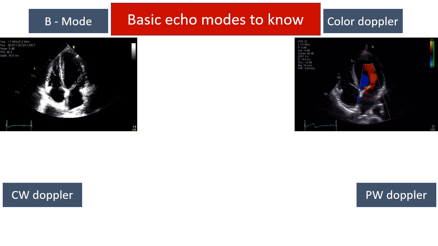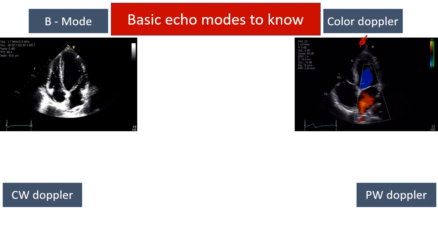Then the color Doppler, and when you hear Doppler, this is concerned with the blood flow inside the heart, across the valves, and if there is any shunting. So by identifying the color flow, you can identify if there is turbulence or not. In most echocardiograms, when blood flow occurs towards the probe, don't forget the probe is here, like here from the left atrium to the LV through the mitral valve, it gives a red color.